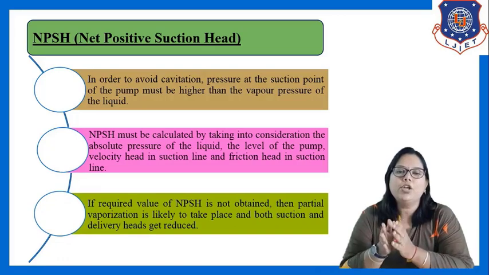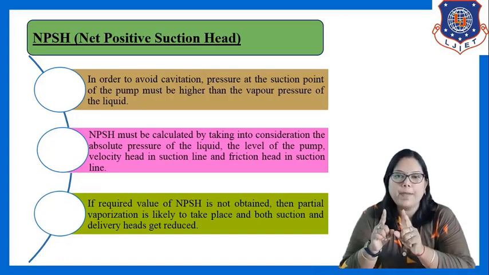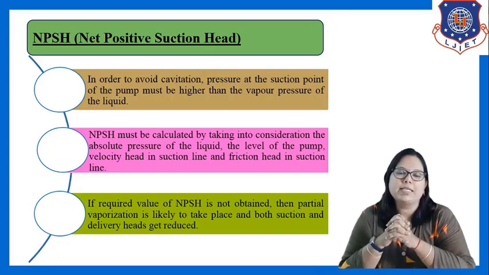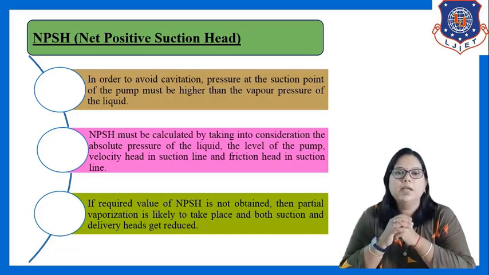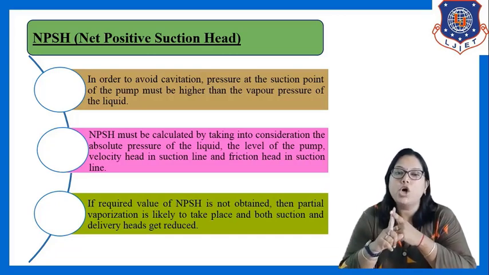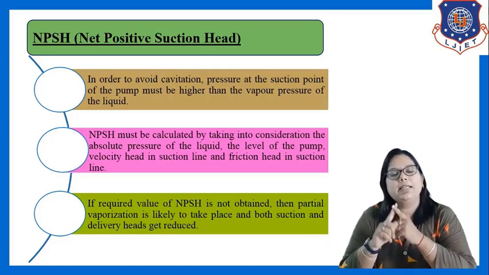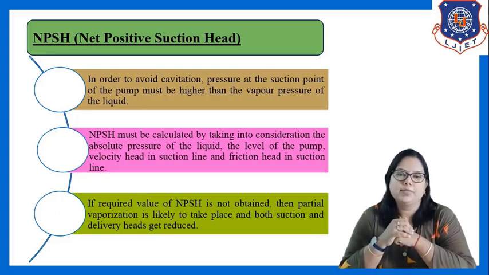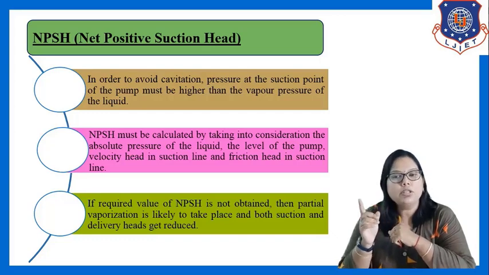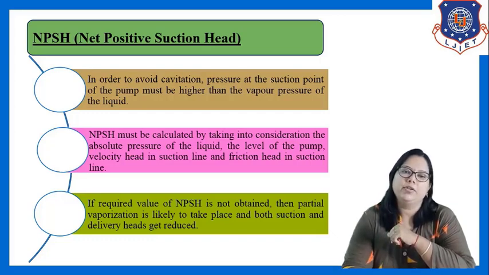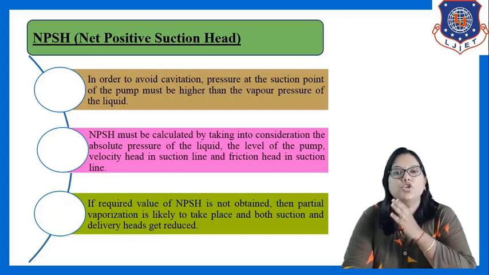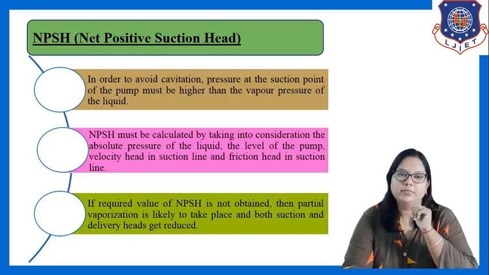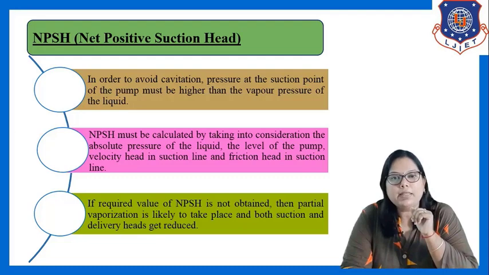If the required value of NPSH is not obtained, then partial vaporization is likely to take place. That means cavitation occurs. If NPSH is not obtained, then there is a chance of cavitation in both suction and delivery valve. So, to avoid cavitation, NPSH must be obtainable. Now, how can we calculate this NPSH?